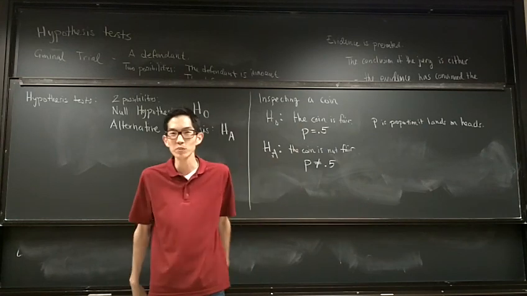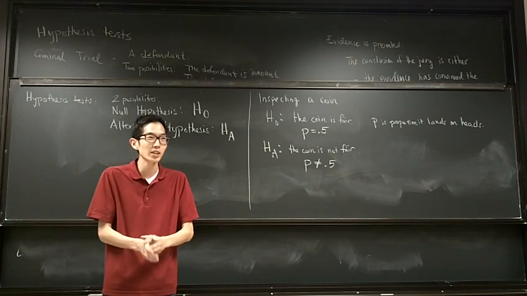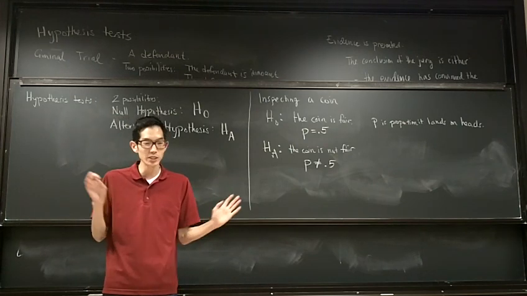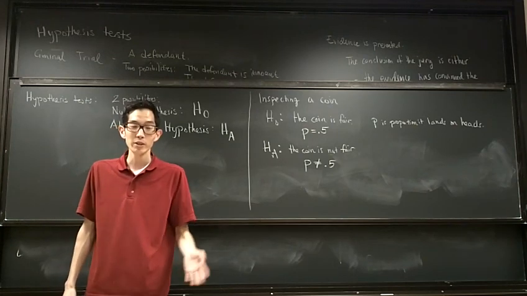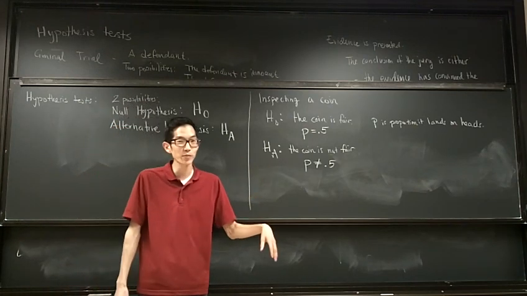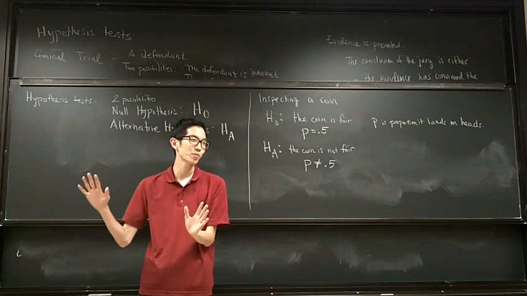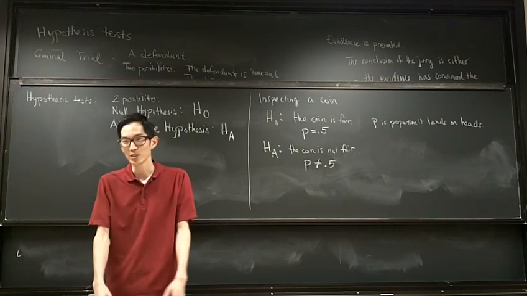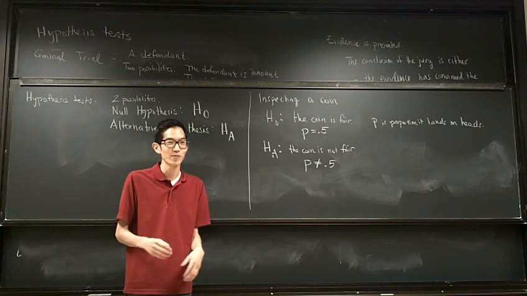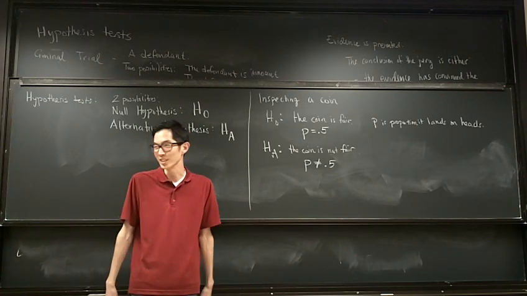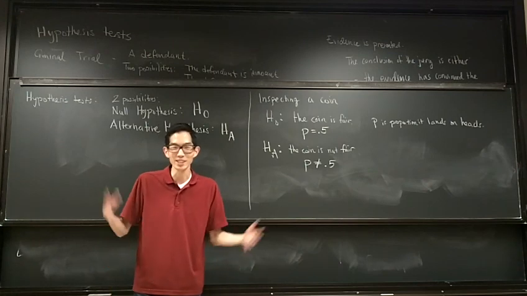Does that kind of logic make sense? It's kind of like in a trial, if a defendant says, no, I didn't commit the crime, the prosecution might say, well, if the defendant didn't commit the crime, how do you explain that the defendant's fingerprints were all over the weapon, and we found traces of the victim's blood on the defendant's clothes?